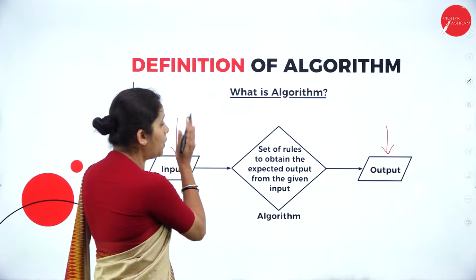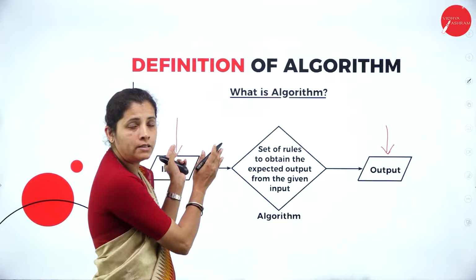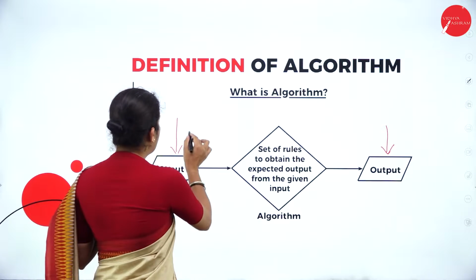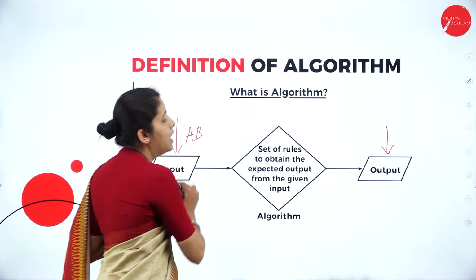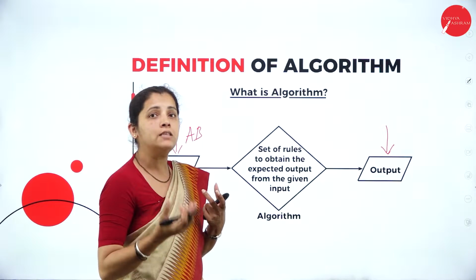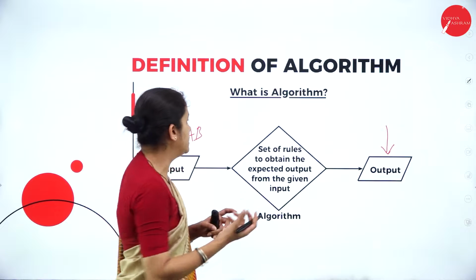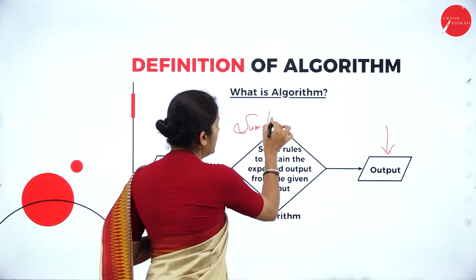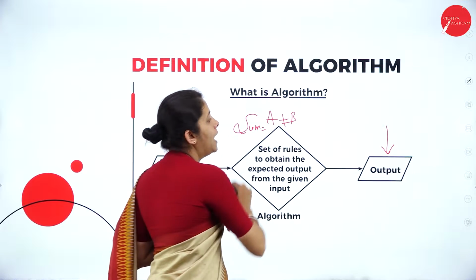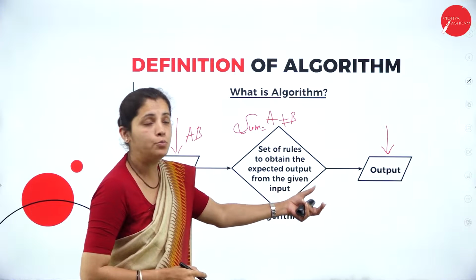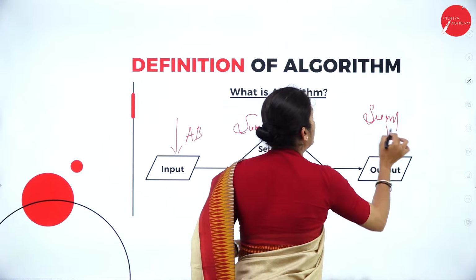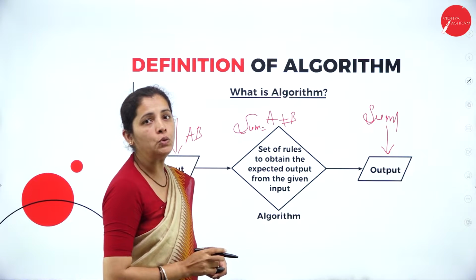See here, what was my problem statement? Adding two numbers. So what is my input here? A and B. And I want to find the sum. So what's my calculation part? That is sum equal to A plus B. And what's my outcome? That is my output: I want to print the sum, or get the summation of two numbers.